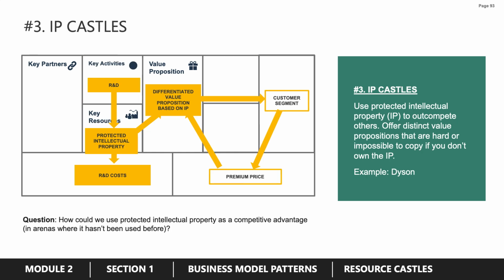Intellectual property castles, as I mentioned, quite often are based on R&D efforts. So in other words, if we take Dyson, for instance, Dyson's got a huge amount of patents. In fact, if you go online and do some research, you can see that large companies like Microsoft, Samsung, and many, many others regularly file huge amounts of patents, often thousands in a year.